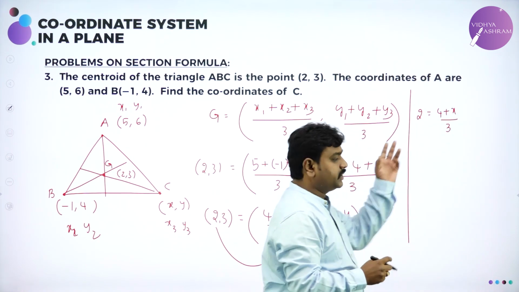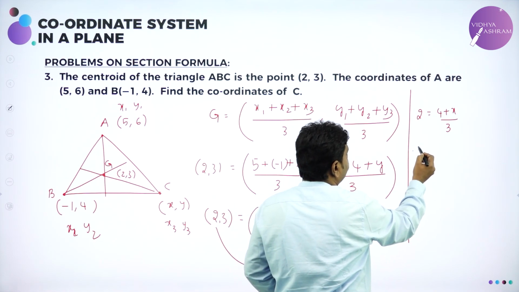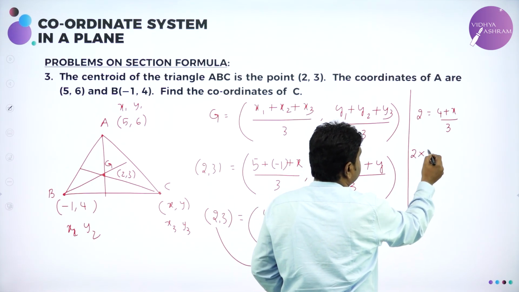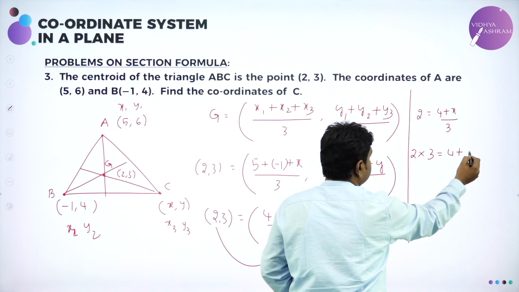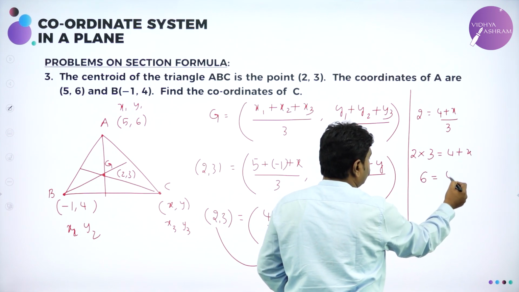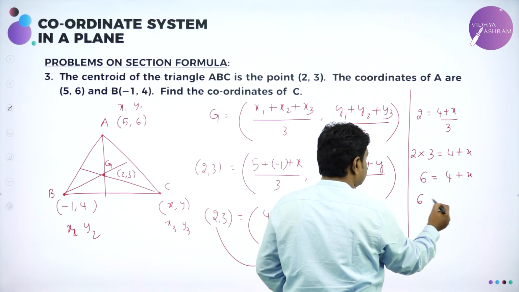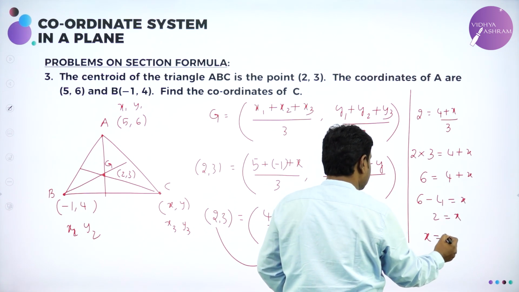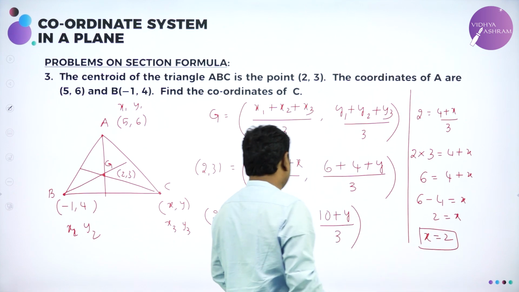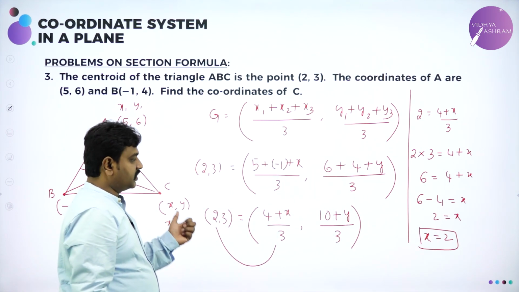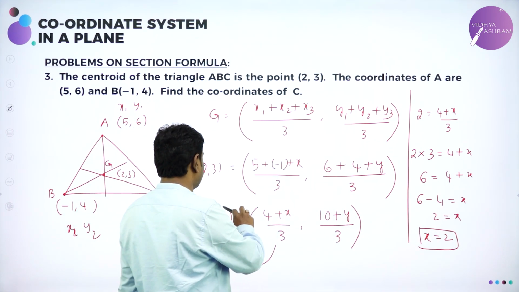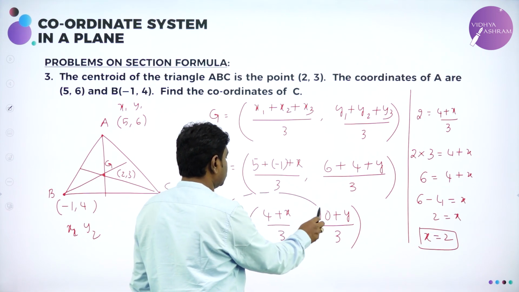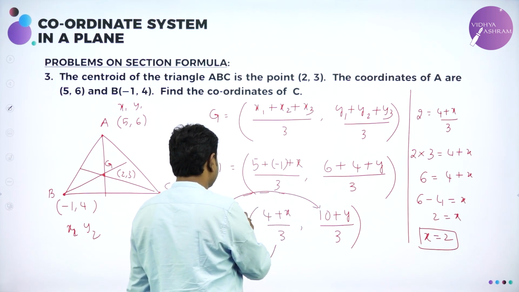Simplify this equation, transfer this. 2 into 3 is equal to 4 plus x. 6 is equal to 4 plus x. 6 minus 4 is equal to x, or 2 is x. You got a value of x, that is 2. The third point is having x and y. Equate y coordinate with y coordinate.